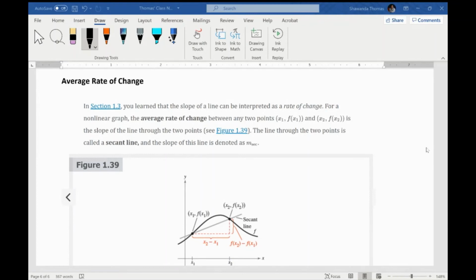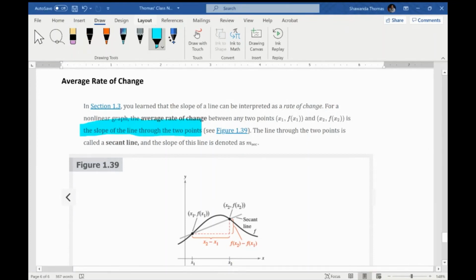It says for a nonlinear graph, the average rate of change between any 2 points, x sub 1, f of x sub 1, and x sub 2, f of x sub 2, is the slope of the line through the 2 points. So guess what? You're not really doing anything that much different. It's just different notation because we're talking about functions.